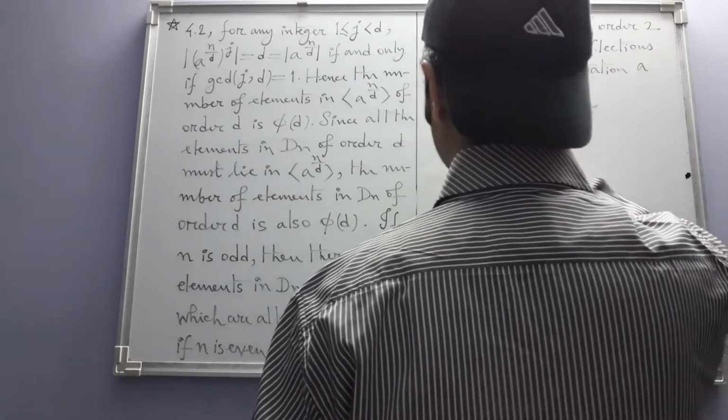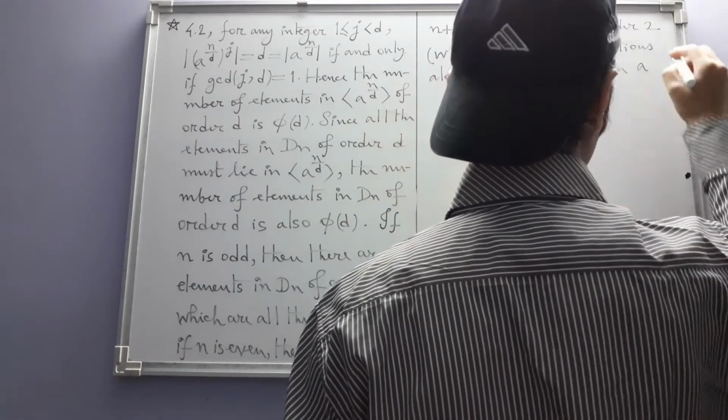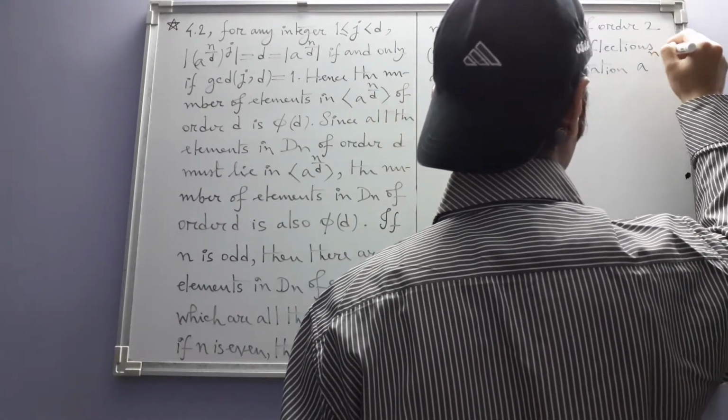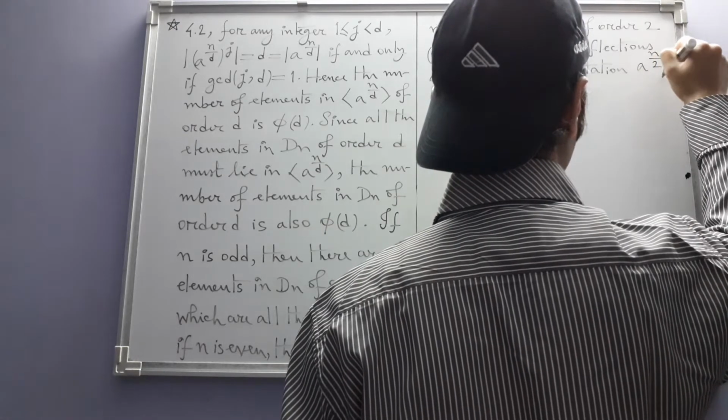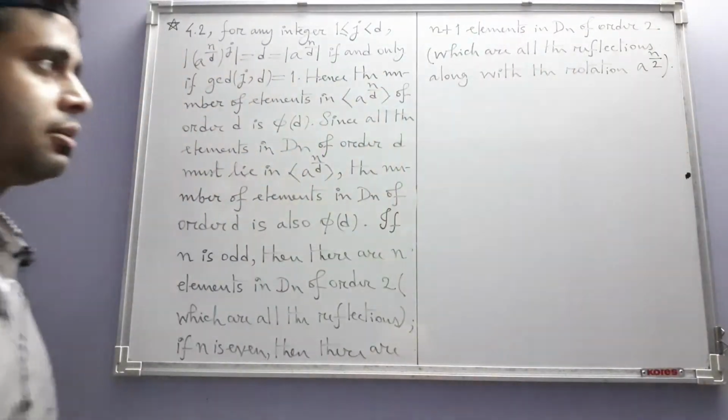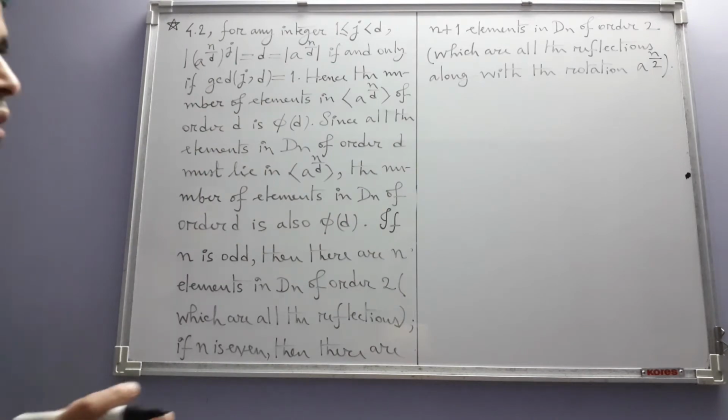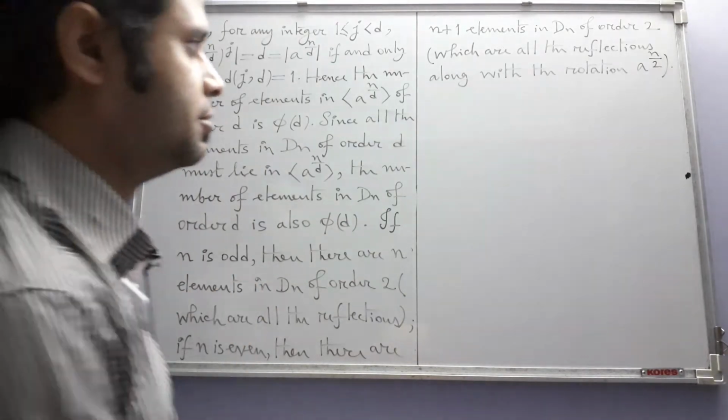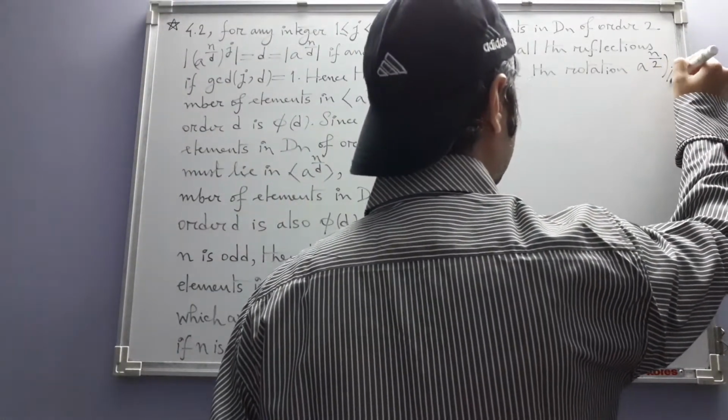A is like before, a to the power n by 2, which makes sense because now n is even. So this completes the solution.